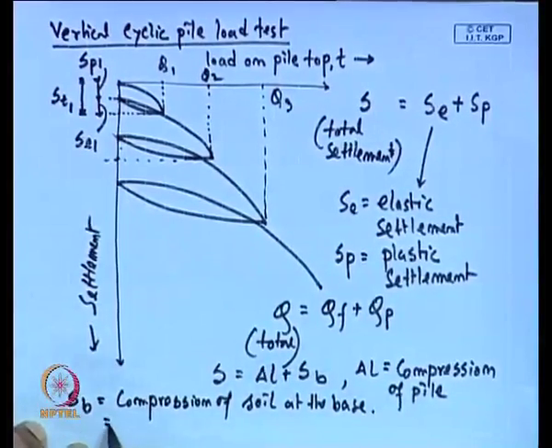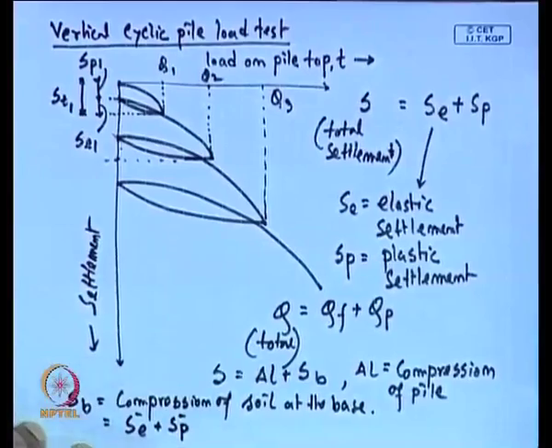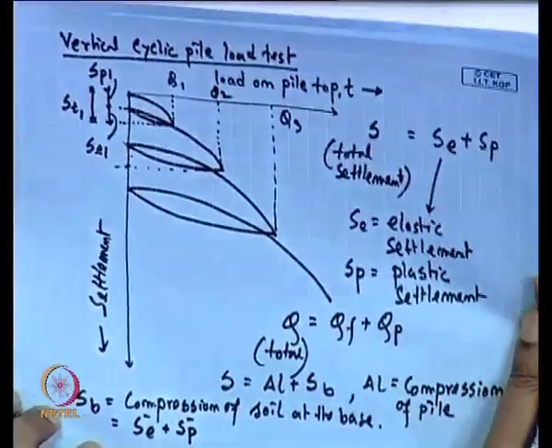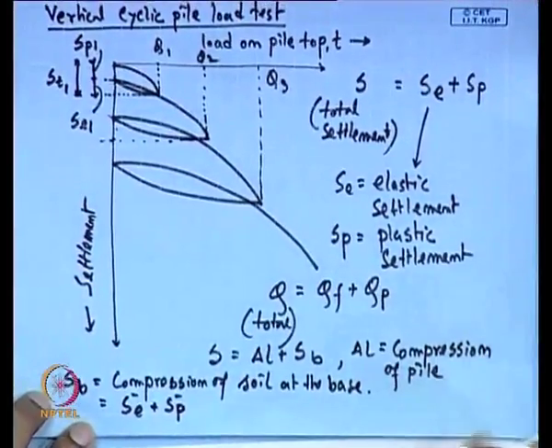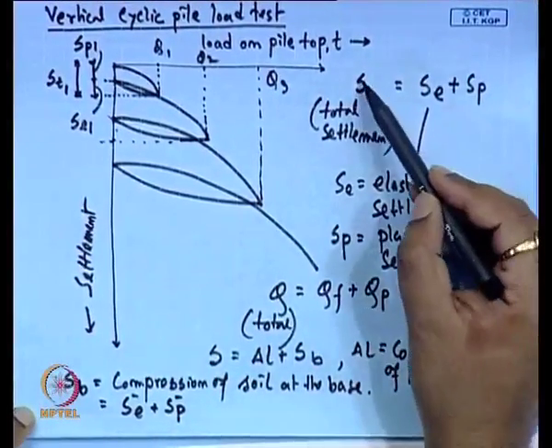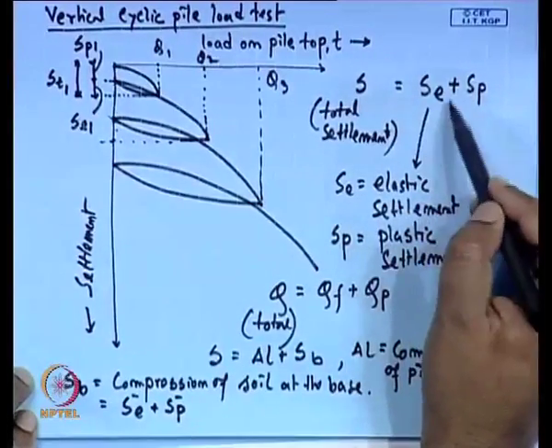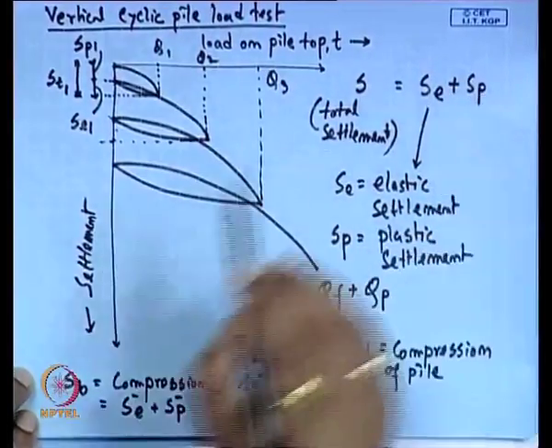S B also has two components, the elastic part and the plastic part. So we can say S is the total settlement, that is the total elastic settlement and the total plastic settlement.